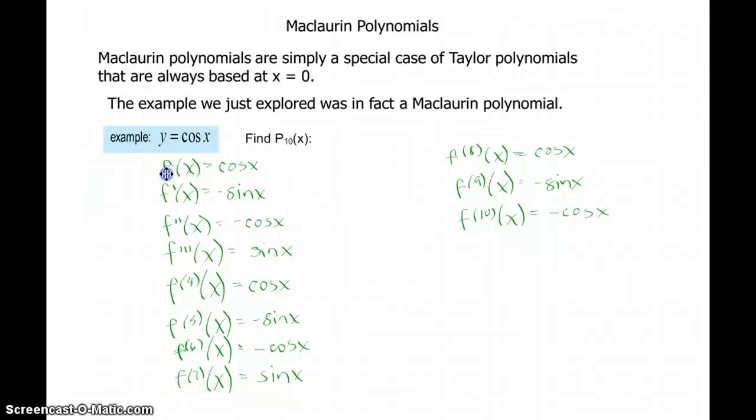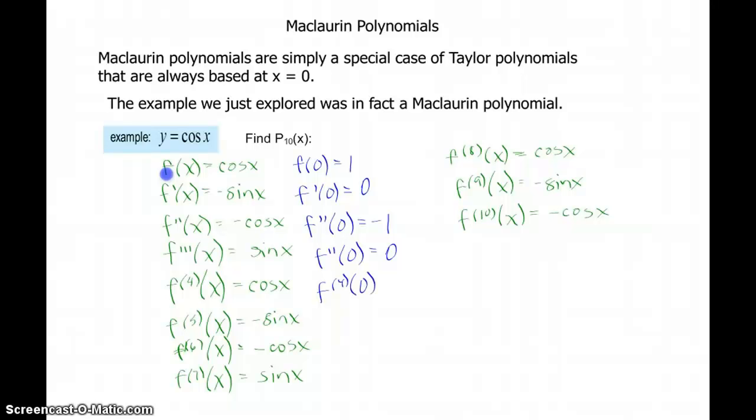So then what I usually do is just go out beside those, so it doesn't take a whole lot of time, and show my work where I'm evaluating that derivative at that center point of tangency, and here it's 0. So these are going to be relatively easy to evaluate, but you still need to show this work. Fourth derivative at 0, positive 1.